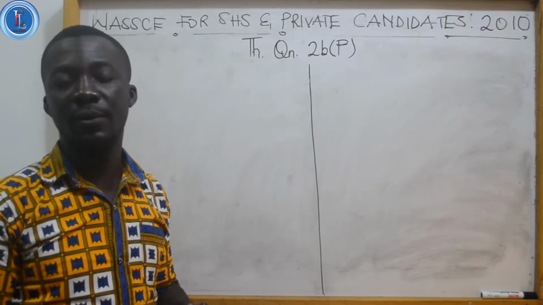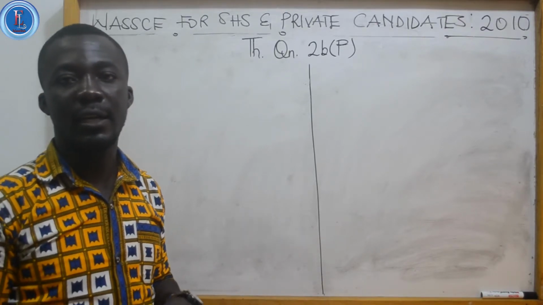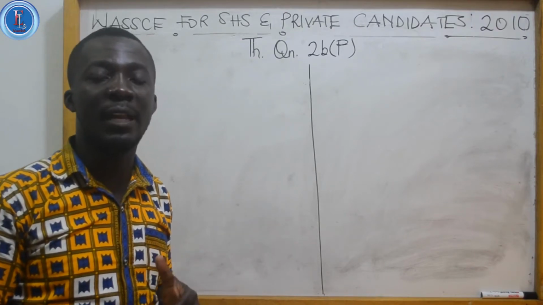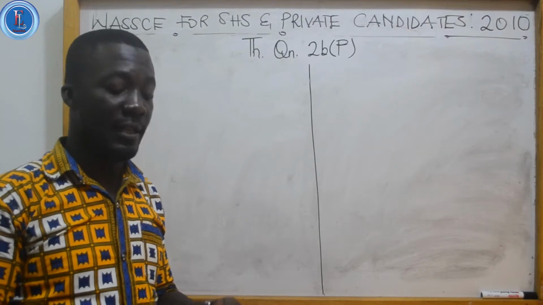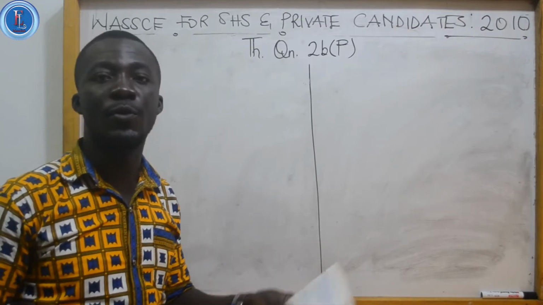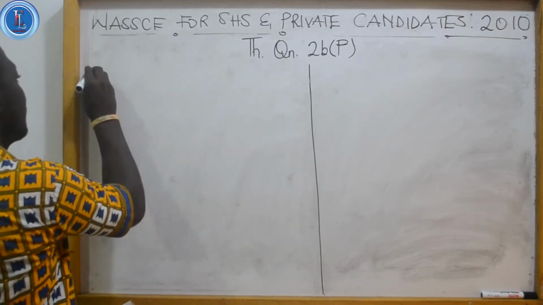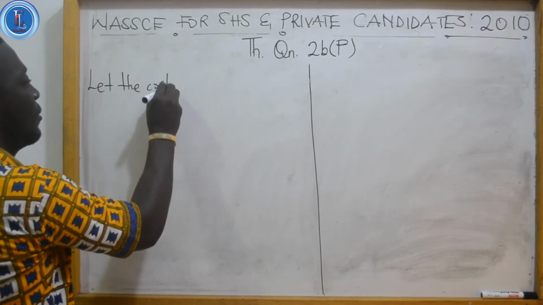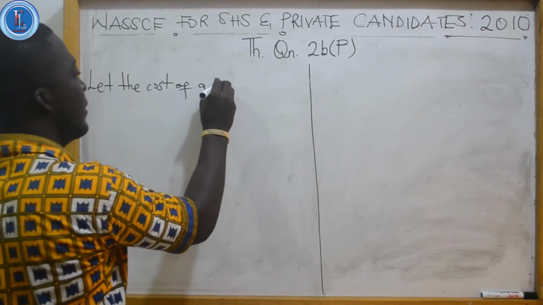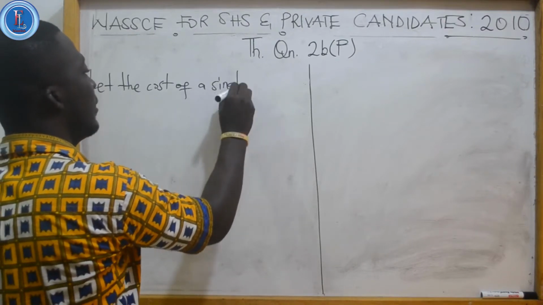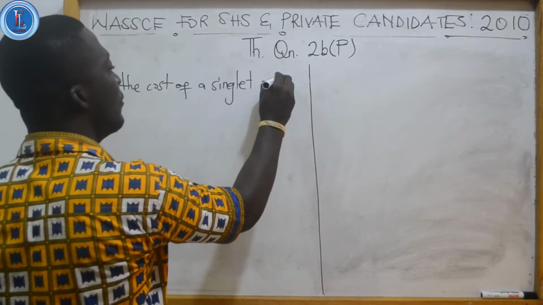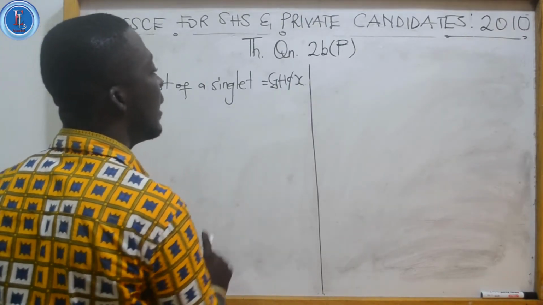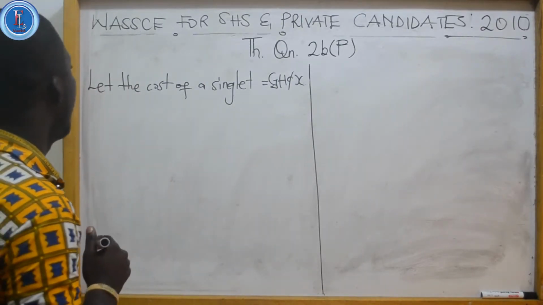So if you know the cost of a singlet, then the cost of a t-shirt will be 5 multiplied by the cost of a singlet. But in this case, we don't know. So we will say let the cost of a singlet equal X Ghana cedis.